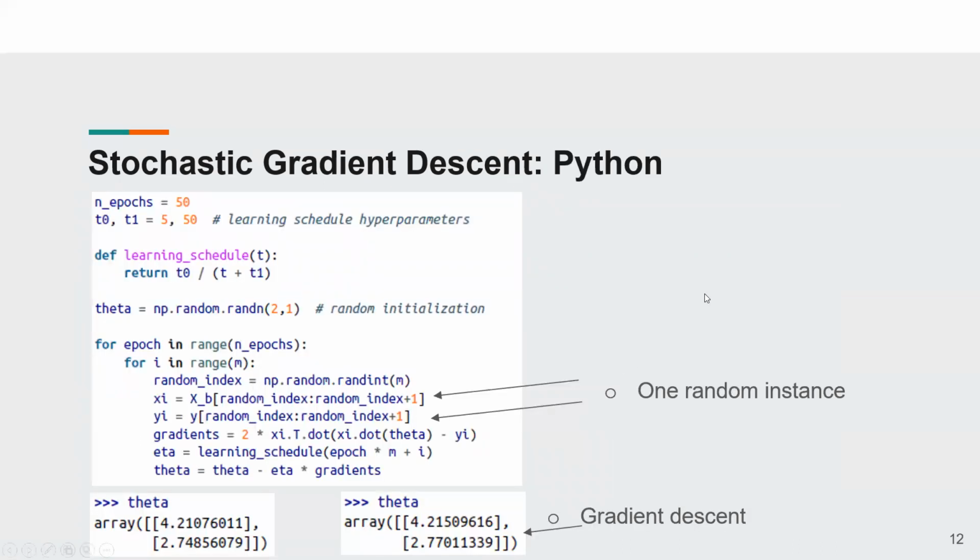Here you can see that we randomly pick one instance of xi and one instance of yi to calculate the gradients and get eta and update your theta. For gradient descent, we got 4.215 and 2.77 as our theta estimate. And using stochastic gradient descent, we got 4.210 and 2.748, which are very close to the closed form solution.